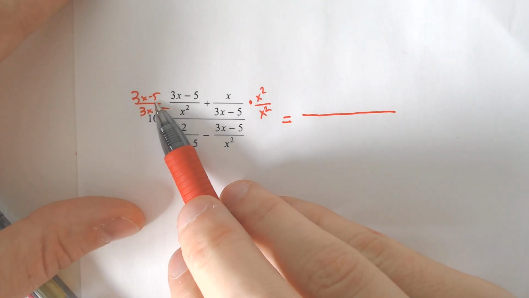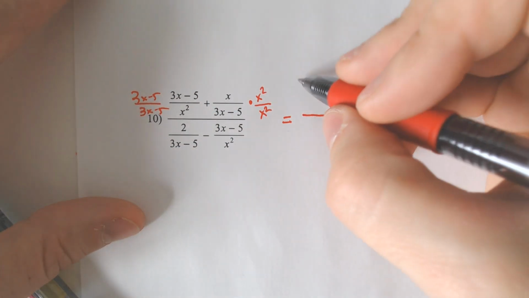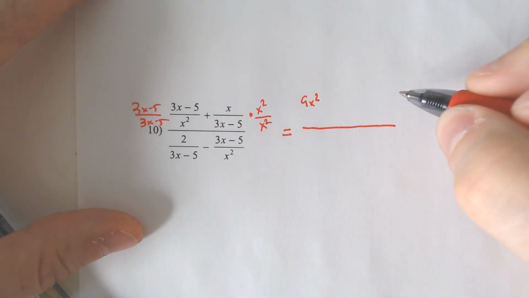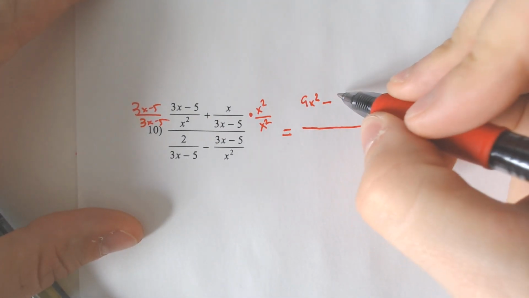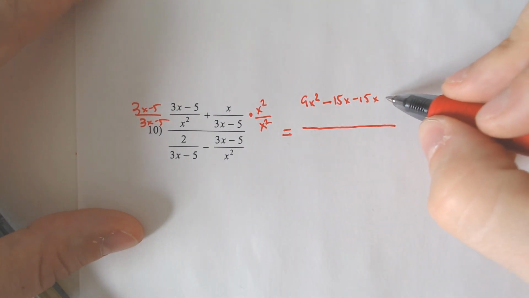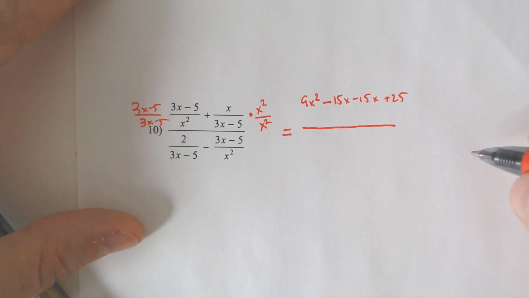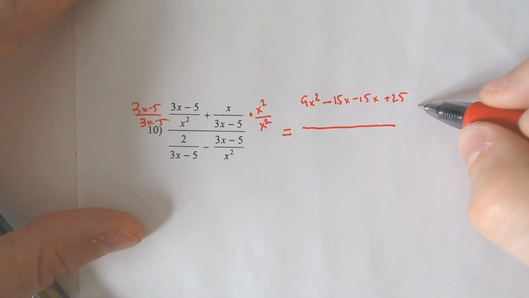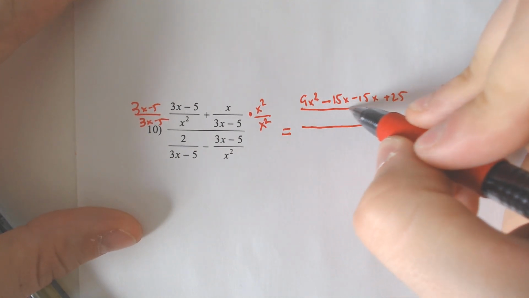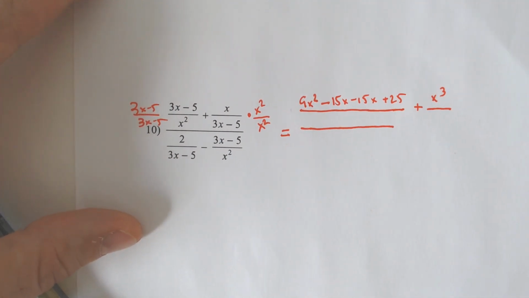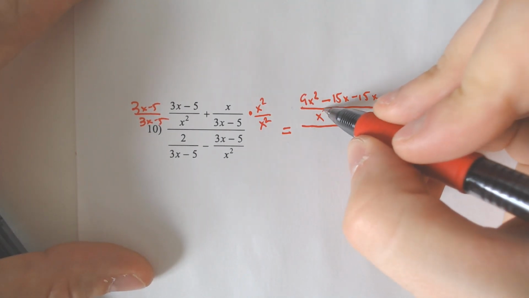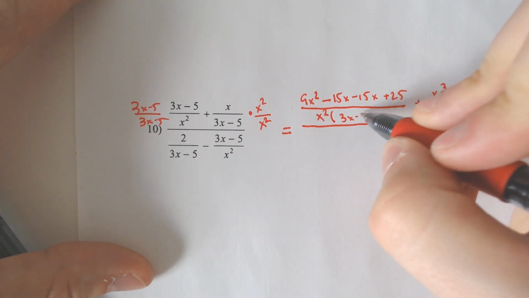3x minus 5 times 3x minus 5, which ends up being 9x squared minus 15x minus 15x plus 25, plus x to the third, and this would be over an x squared and a 3x minus 5.